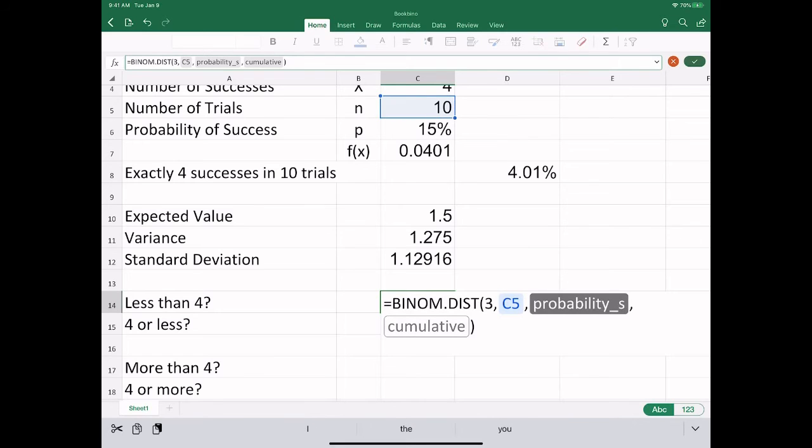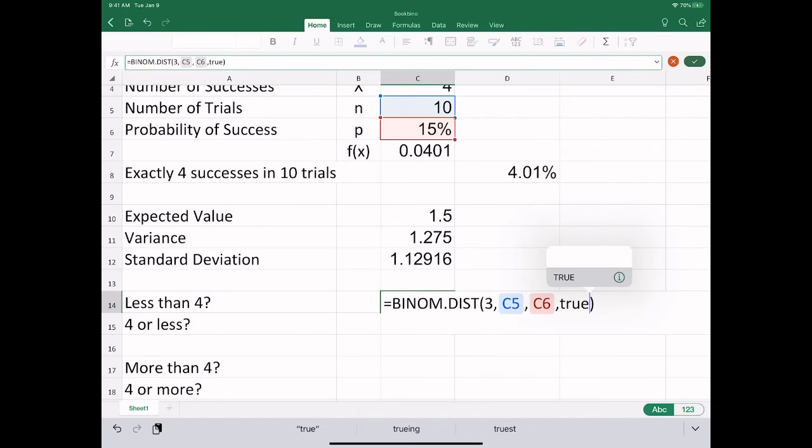The probability of success is 15%. Now you remember when it was exactly 4, I put false in the cumulative field. I didn't want a cumulative number. I just wanted the number 4. But now I want the accumulation of the value of 0, 1, 2, and 3. So I could enter true.